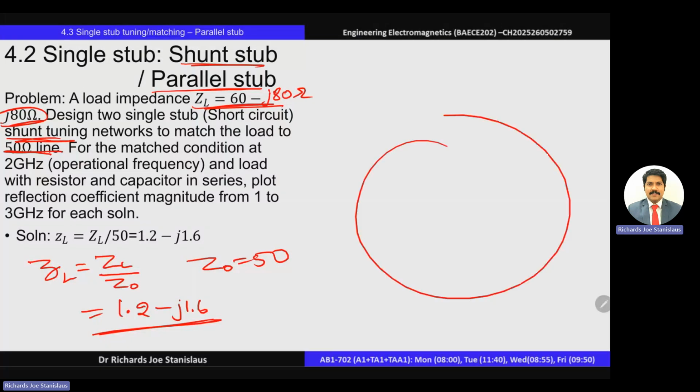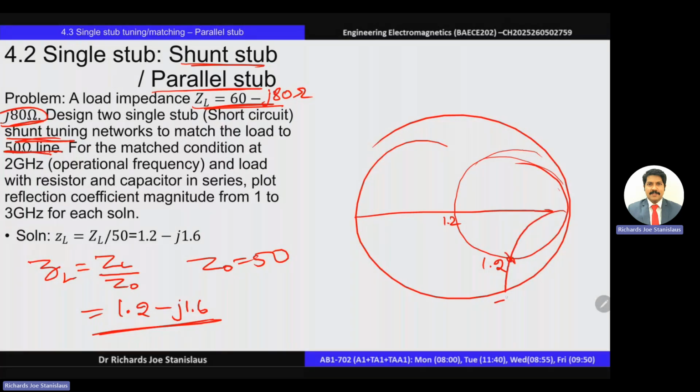Now in the Smith chart, you plot this on the real circle 1.2 along the horizontal axis, and minus j 1.6 will be somewhere over here. So our impedance point will be available over here.